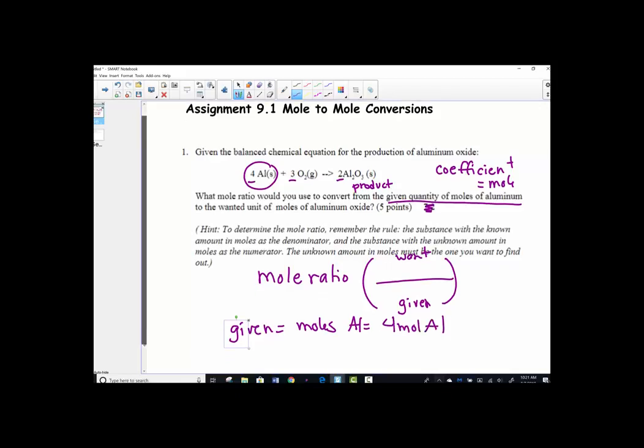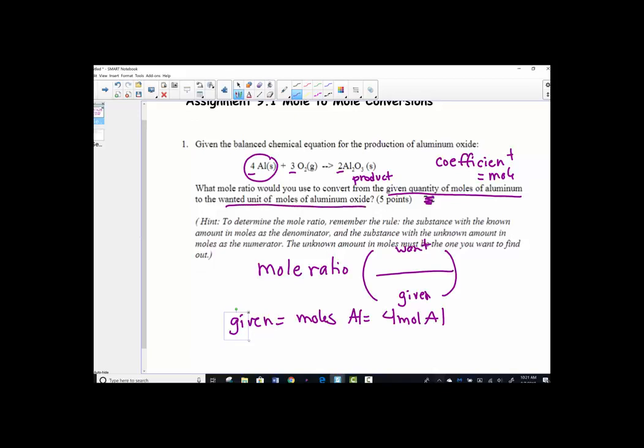And it wants us to solve for moles of aluminum oxide. I call that my want. We want the moles of aluminum oxide. And remember what we read there? Its mole was 2. So what does our mole ratio look like for want over given? We want moles of aluminum oxide.